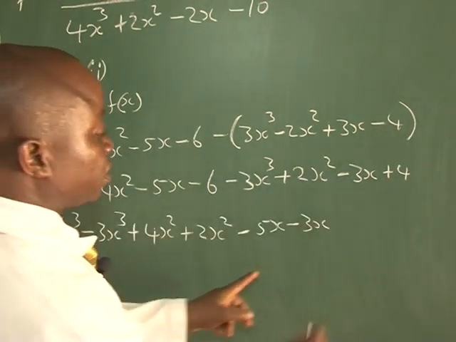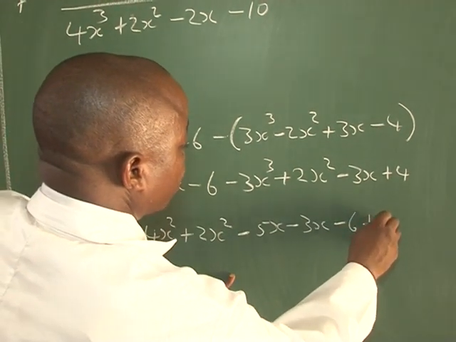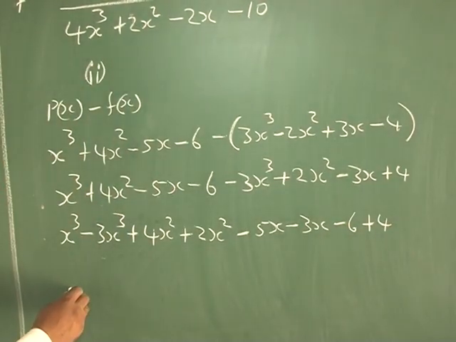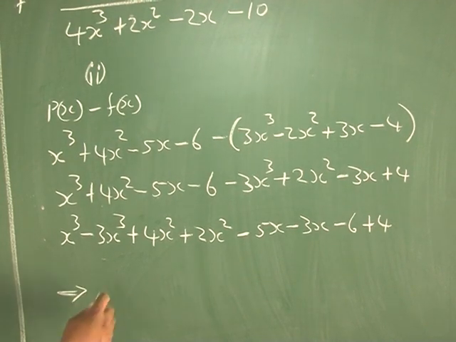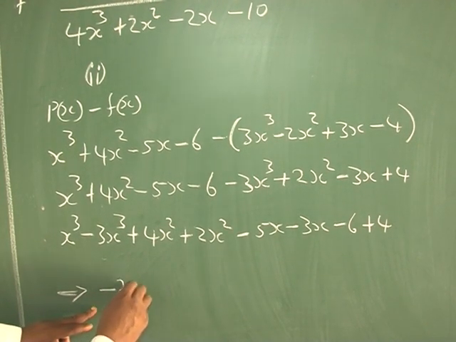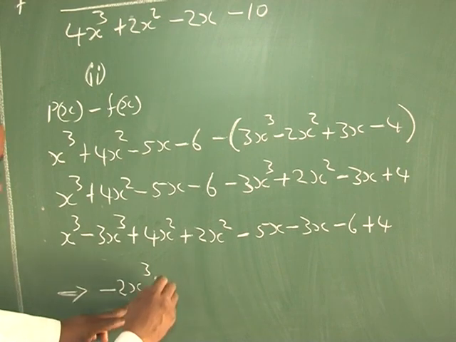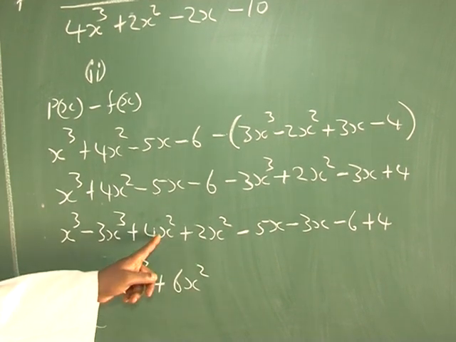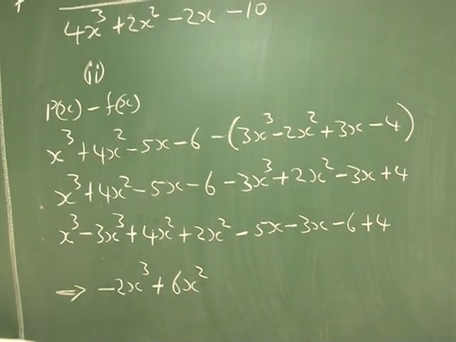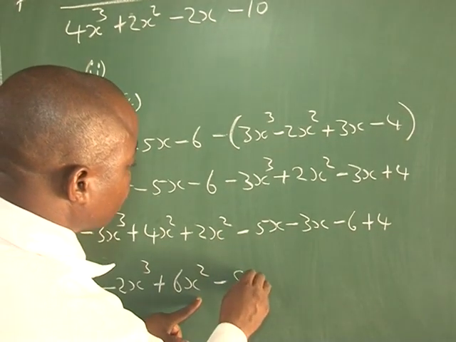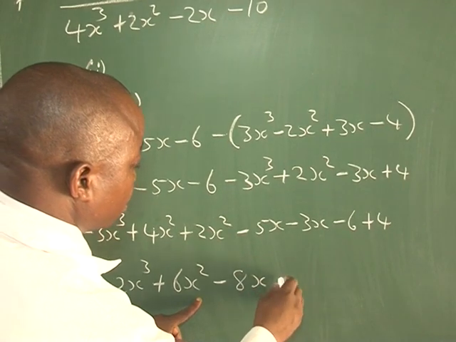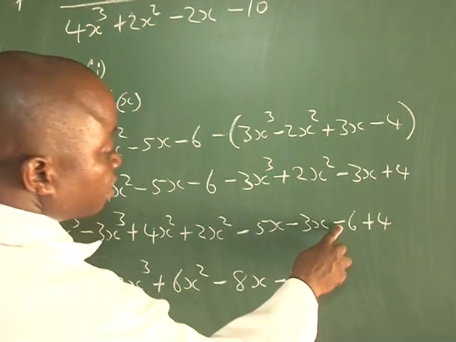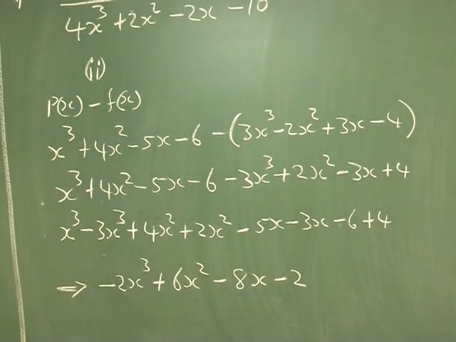Then for these constants, we have minus 6 plus 4. And that will give us minus 2x cubed plus 6x squared, that is 4x squared plus 2x squared, minus 8x minus 2, that is minus 6 plus 4, minus 2.